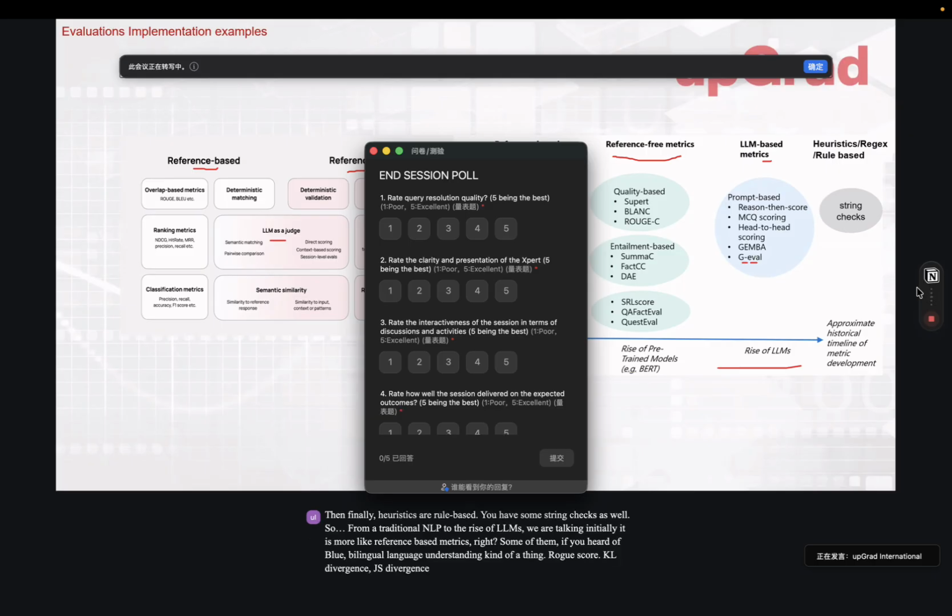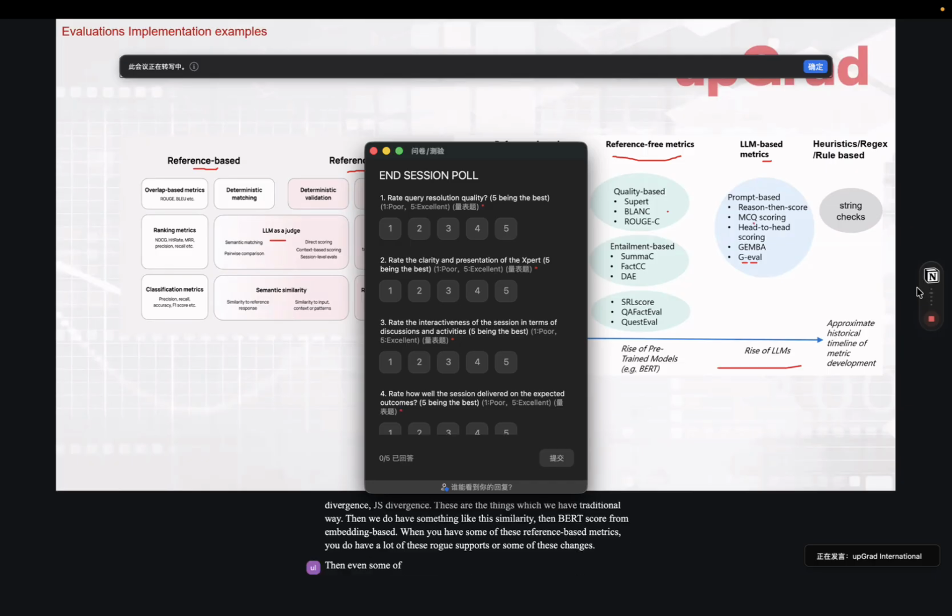These are the traditional ways. Then we do have similarity, then BERTScore from embedding-based. When you have some of these reference-based metrics, you have a lot of these ROUGE supports or some of these changes. Then even some of the LLM metrics are also possible.